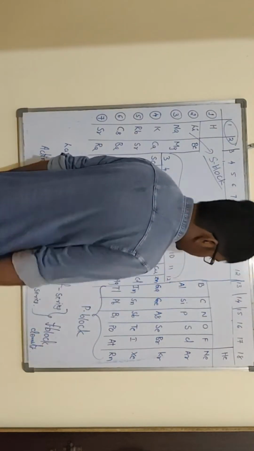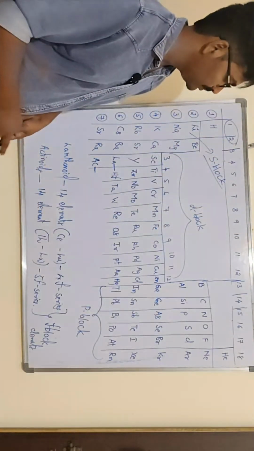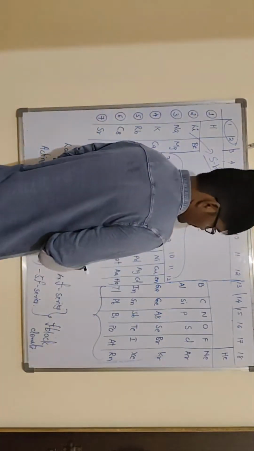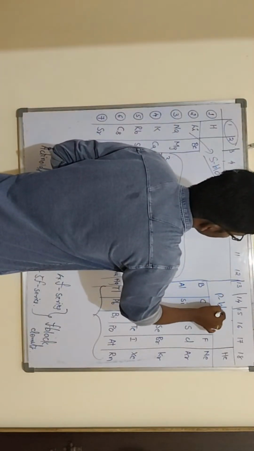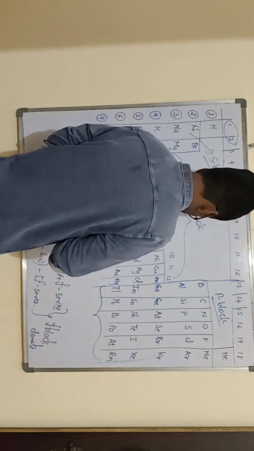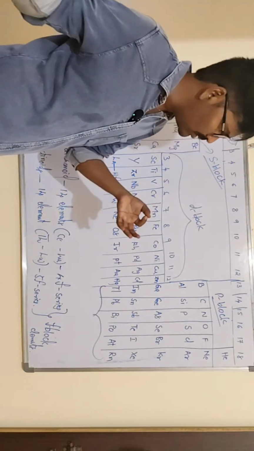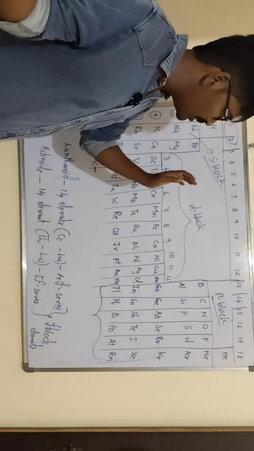All this classification is based on electronic configuration. How? It depends on the valence electron, in which orbital it is present.